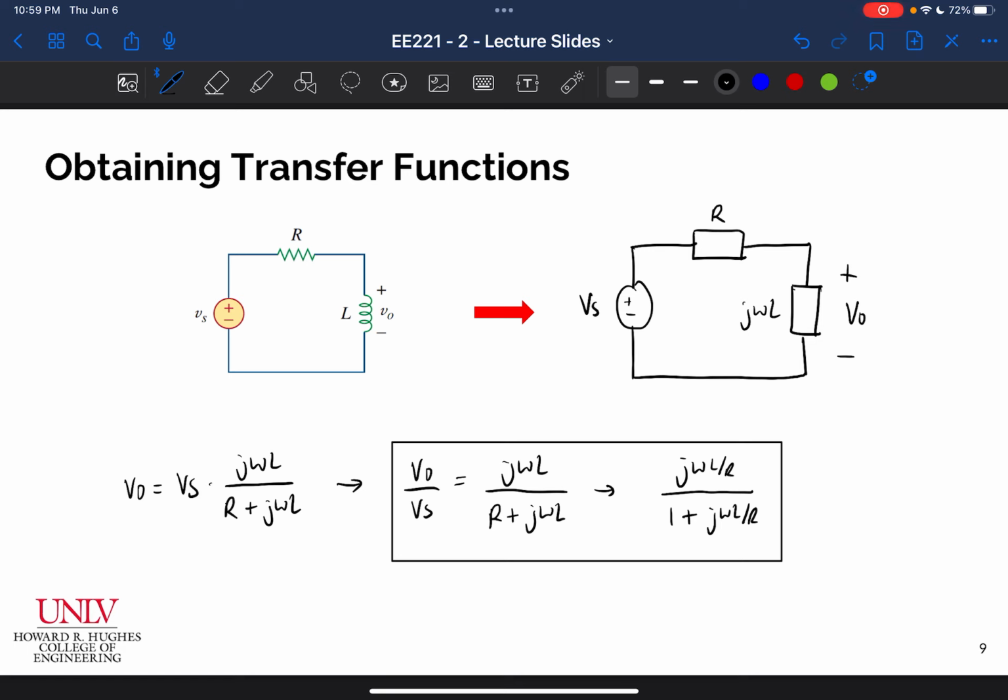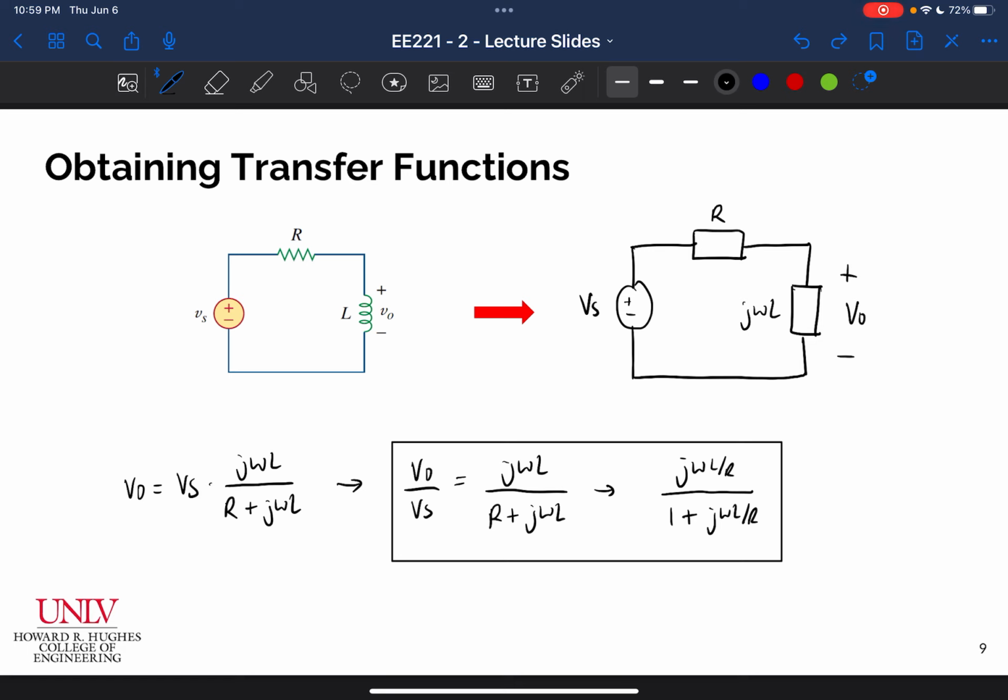So the benefit of getting it into an expression that has a 1 plus something on the denominator side is that we can multiply by the complex conjugate when we get into the next section, and it will lend itself nicely to giving us a complex number that we can work with for sketching the frequency response of the circuit, which is desirable for us.